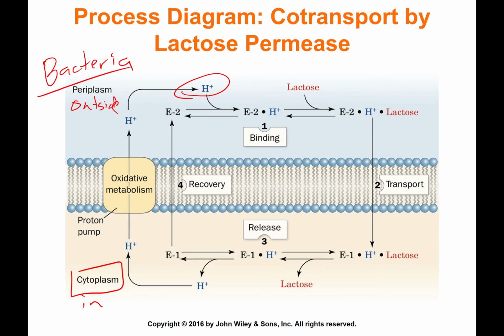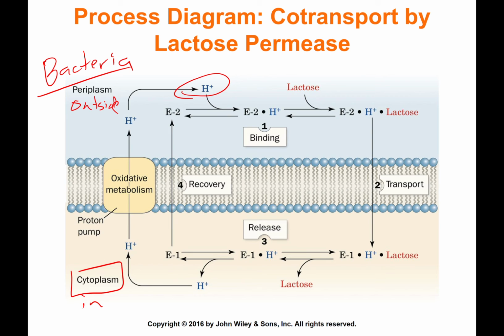Bacteria do the same thing during metabolism that our mitochondria do. They pump protons outside of the cell as part of the electron transport chain and use the energy of that proton gradient to make ATP. So bacteria and mitochondria can be very similar in this respect.